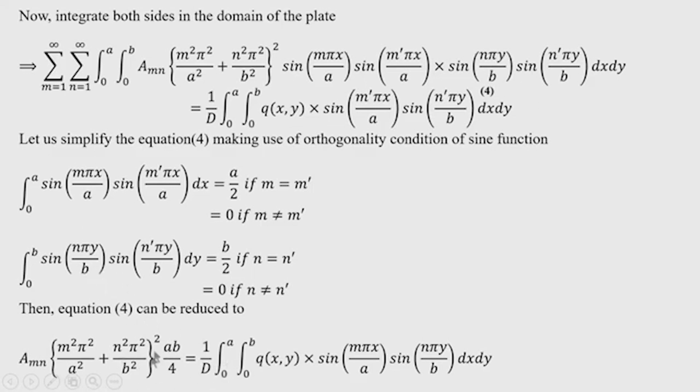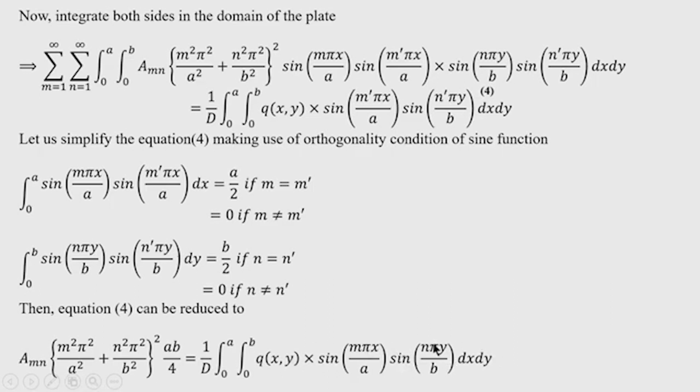The right hand side remains as it is, 1 by D integration, of course 0 to a and 0 to b. That integration is not completed; it depends on the nature of the function q x y, and only then can you integrate. So q x y is here, and the term sin m pi x by a sin n pi y by b dx dy is here.